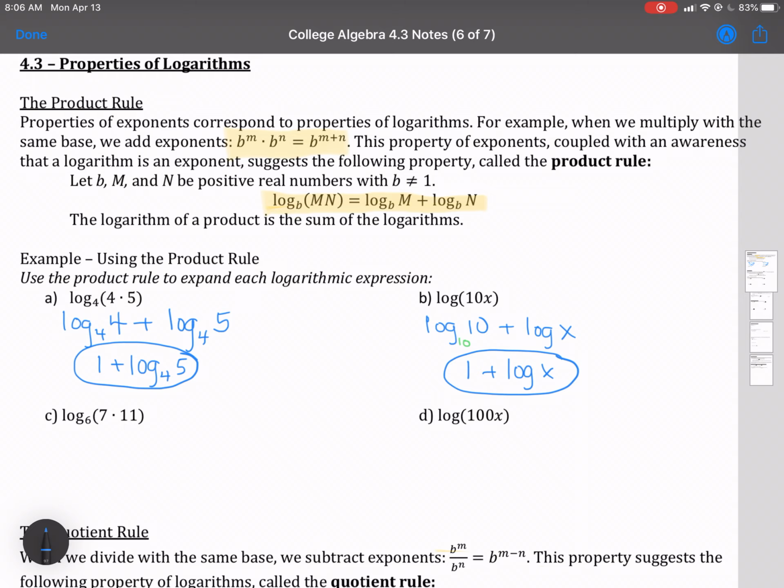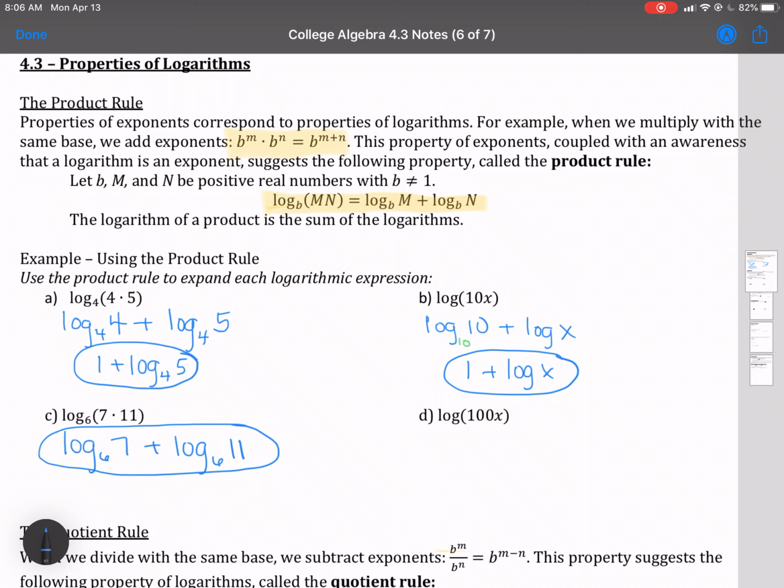Looking at c, we have log base 6 of 7 times 11. So this becomes log base 6 of 7 plus log base 6 of 11. And we can't write 7 or 11 as some exponent of 6, so that's going to be our expression.